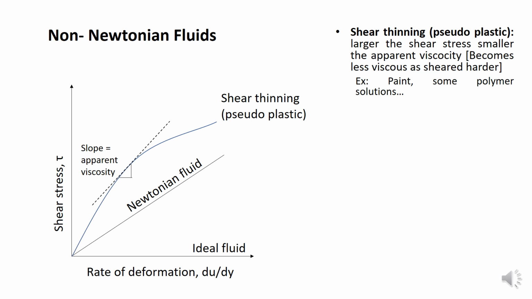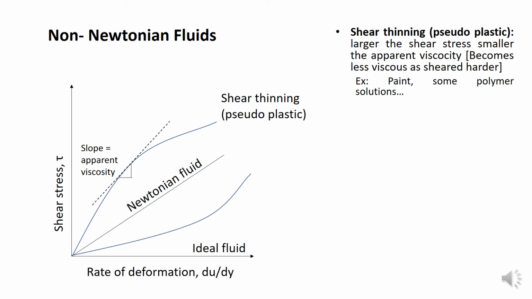Some examples are paint, polymer, etc. Take paint, for those who have seen it: after a long period of time it will harden much more, and the resistance to flow will be much higher. So before painting, people shake it at a higher shear rate so that the viscosity gets reduced. When he increases the shear rate, the viscosity decreases, so it will be easy to flow.